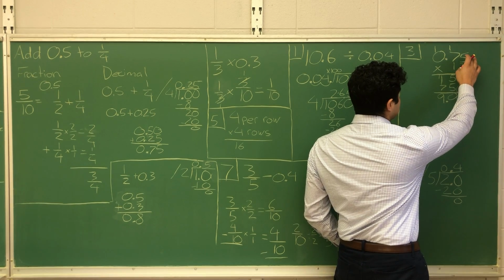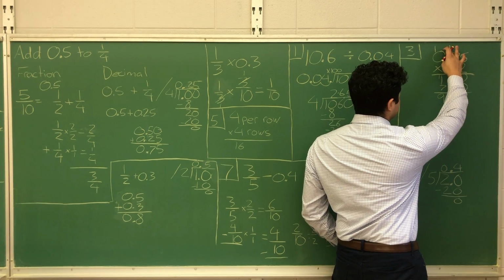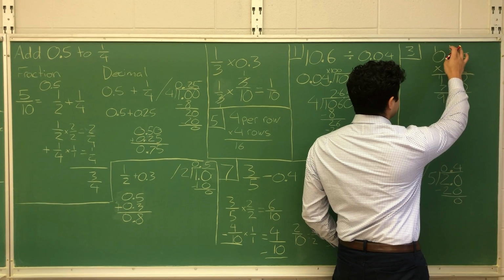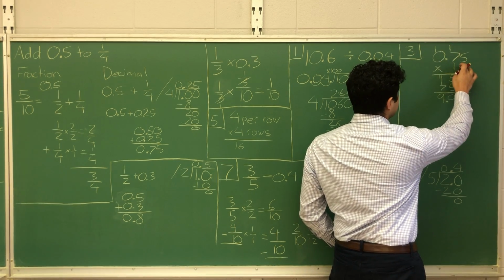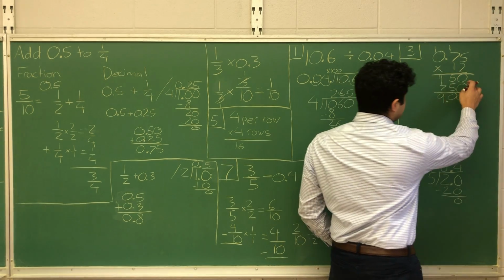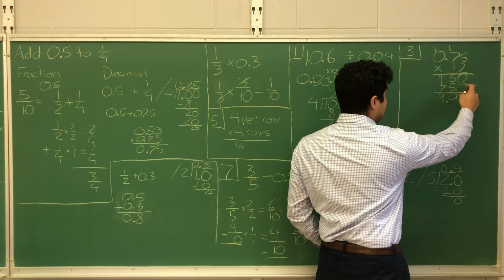So I go 2 times 5 is 10. So I write my 0, raise the 1. 2 times 7 is 14 plus 1 is 15. So I write my 5 and raise 1. 2 times 0 is 0 plus 1, so I write my 1. Then I write a 0 when I'm doing my next round of multiplying.